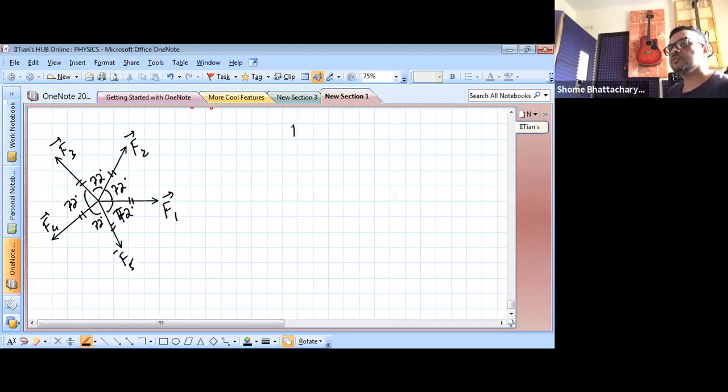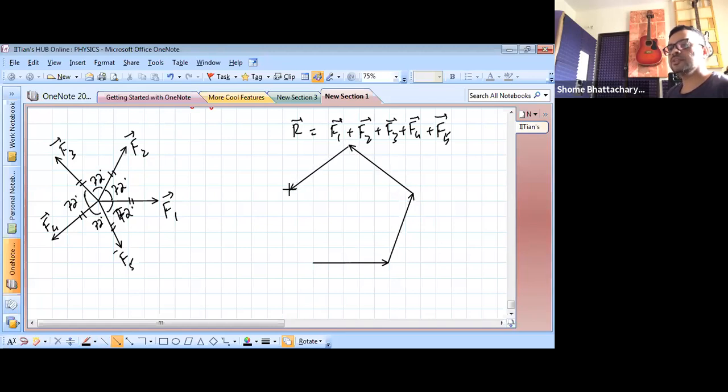So if I want to find out the resultant of F1 plus F2 plus F3 plus F4 plus F5, by the same kind of principle that we used to apply in triangle law, we will, for the sum of 2 vectors, here we do it for the sum of 5 vectors. We'll draw F1, and then from the head of F1 we'll draw F2. Then from the head of F2 we'll draw F3. Then we'll draw F4. And when we draw F5, we'll see we are back to where we started.